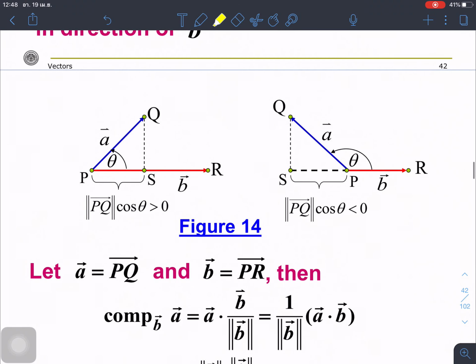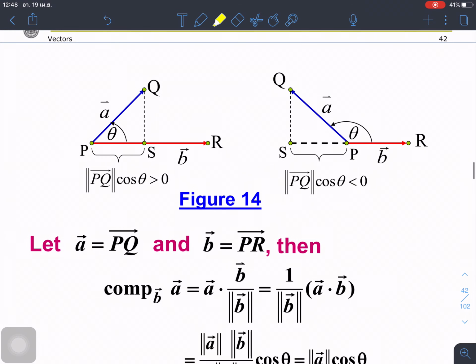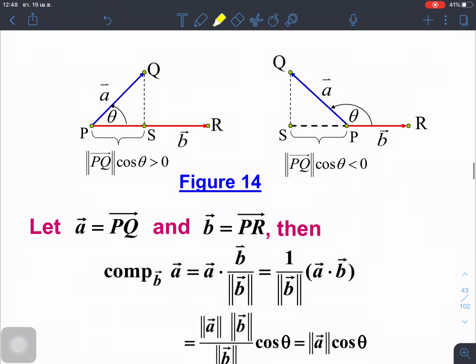Here's a situation geometrically, and this one we use a lot in physics. If you study engineering, you have to use it anyhow, right? So assuming we have vectors P and Q as these two examples, and vector P and R, you want to project vector PQ down to the vector PR.